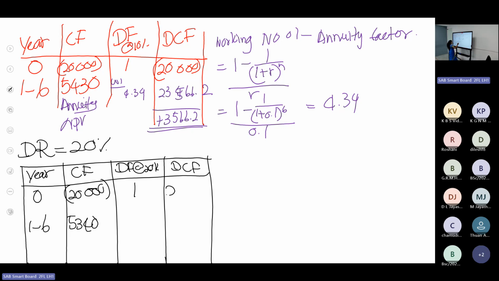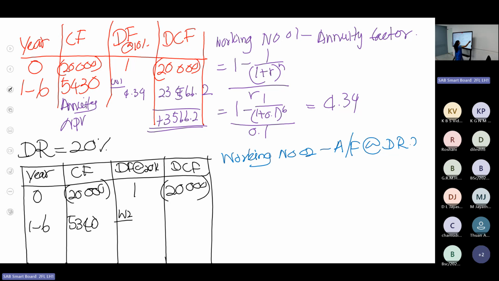Now working number 2. What's working number 2? Annuity factor again, at the discount rate of 20%.